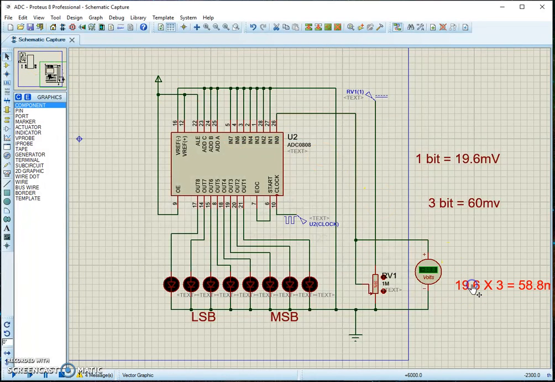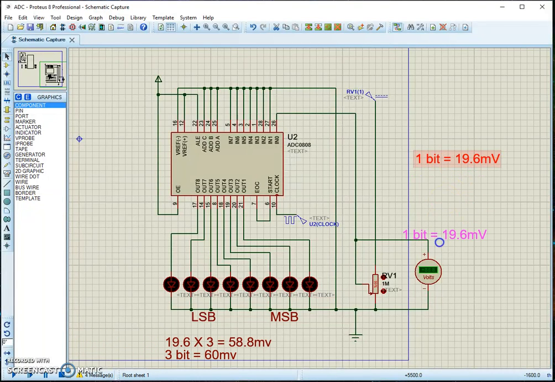So here, if you see, it's close enough. If you look closely, run again. Here I have one bit representing 19.6 millivolt.